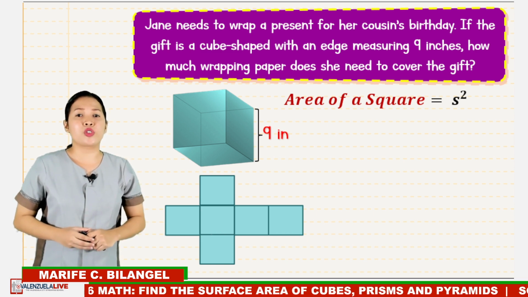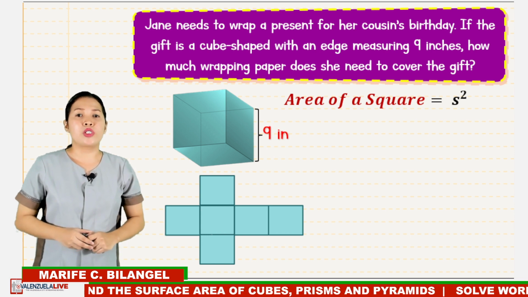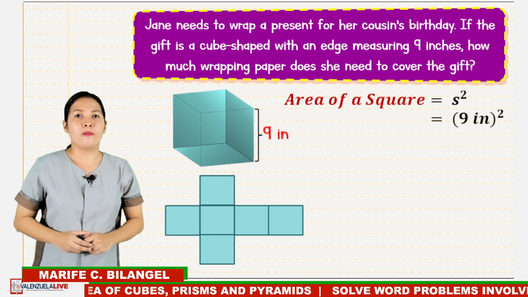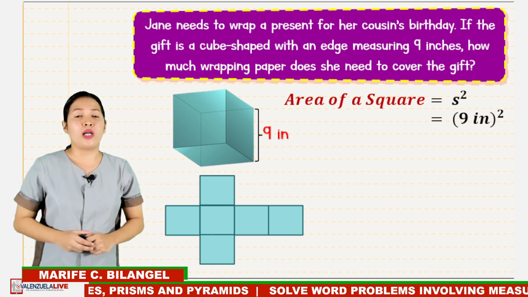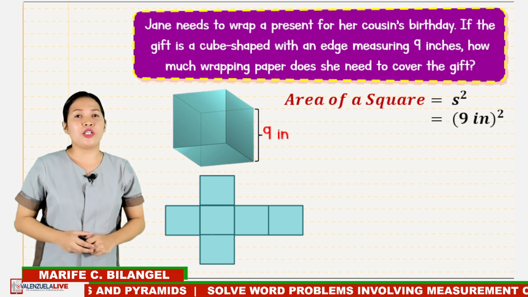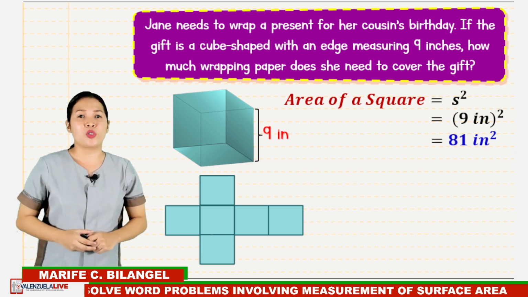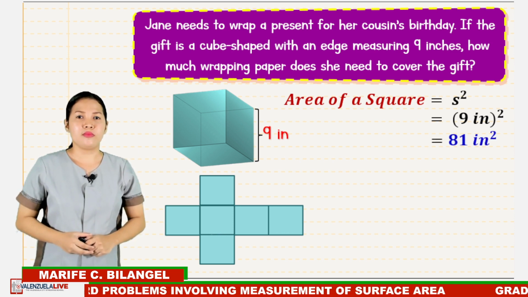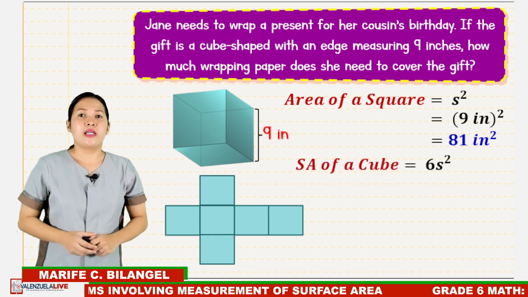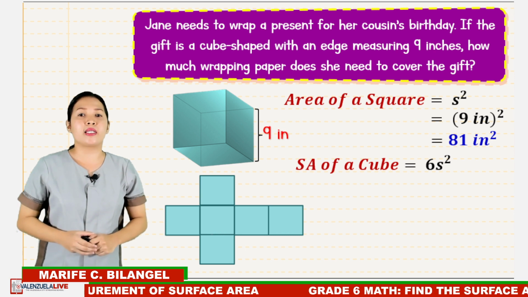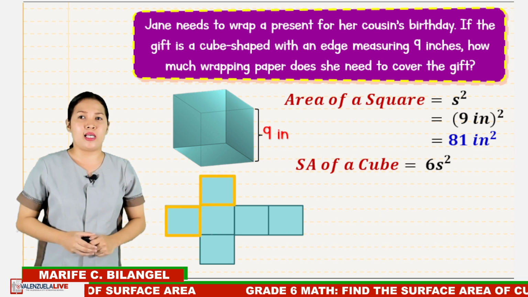A side of a square is 9 inches. We substitute it in the formula. So we have 9 inches quantity squared. 9 inches quantity squared is equal to 81 square inches. Since a cube has 6 congruent faces, we multiply the area of a square by 6.